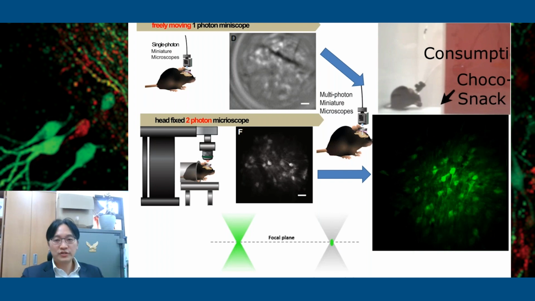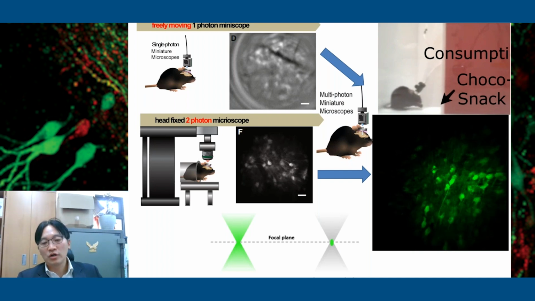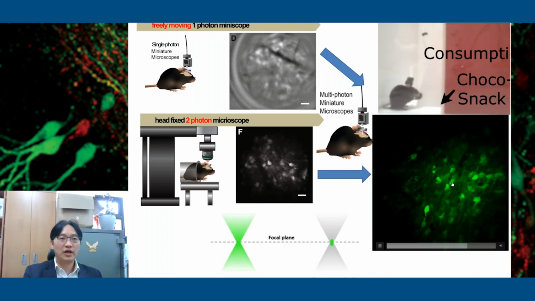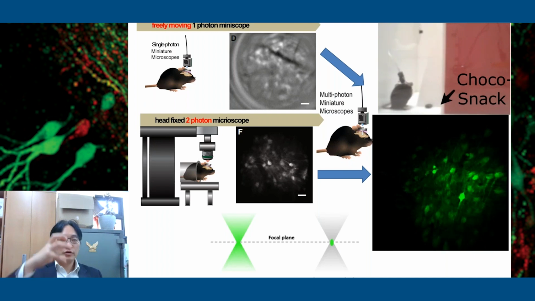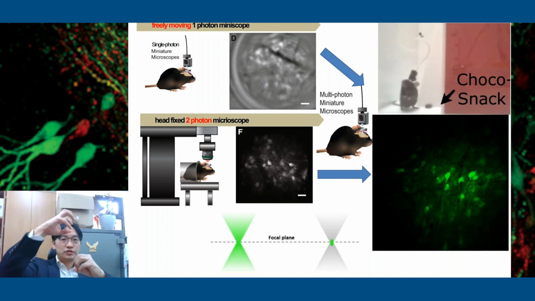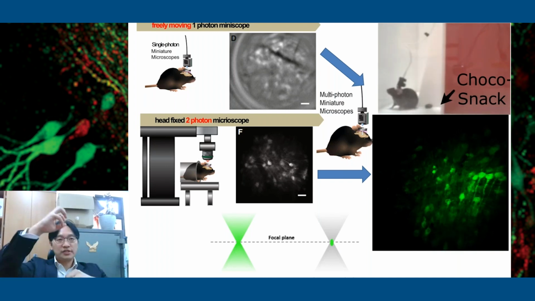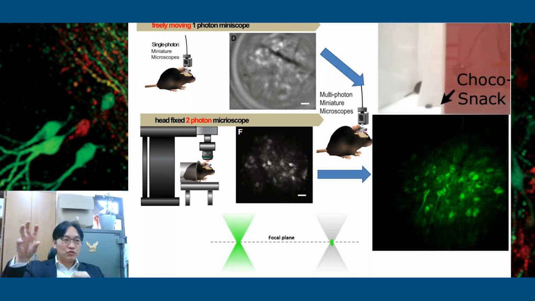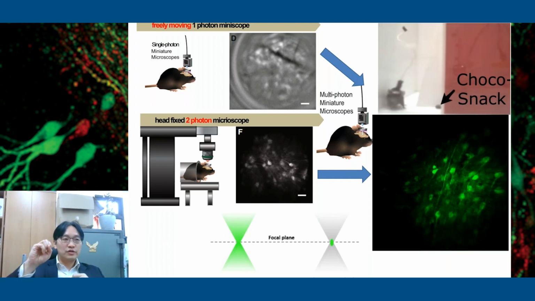But using this multi-photon, 2-photon freely moving miniscope, we'll have a better imaging resolution in the Z stack, so we can have a better single cell identity about their positions, in the Z stack too.